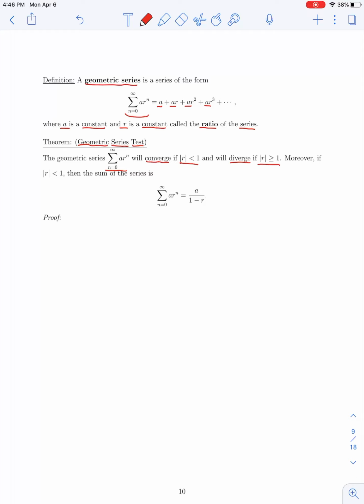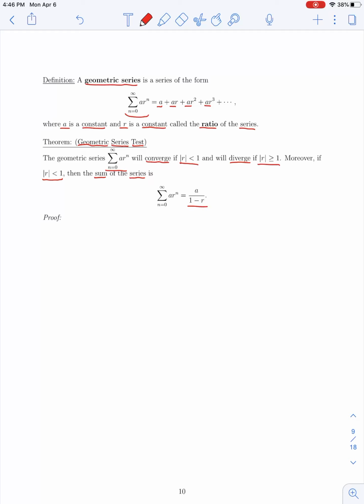Now, in the event that the absolute value of r is less than 1, then our series converges. And in the case of a geometric series, we can find the sum of our series, which would be given by a over 1 minus r.